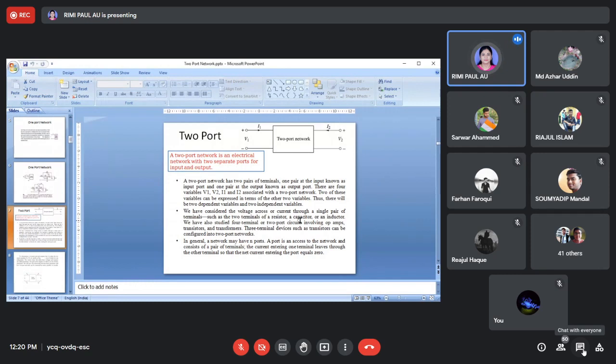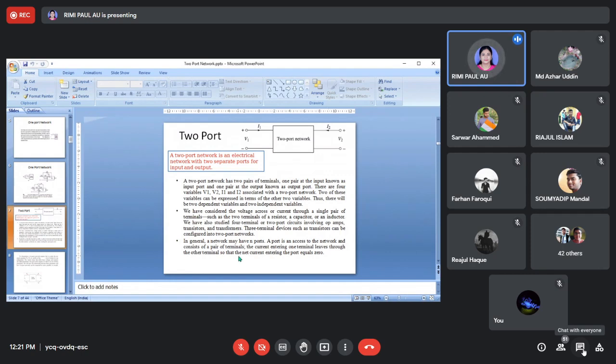Their combination we can make as a two-port. Whenever you get four terminals, you are dealing with a two-port circuit, involving op-amp, transistor, or transformer. Three-terminal devices such as a transistor can be configured into a two-port network.